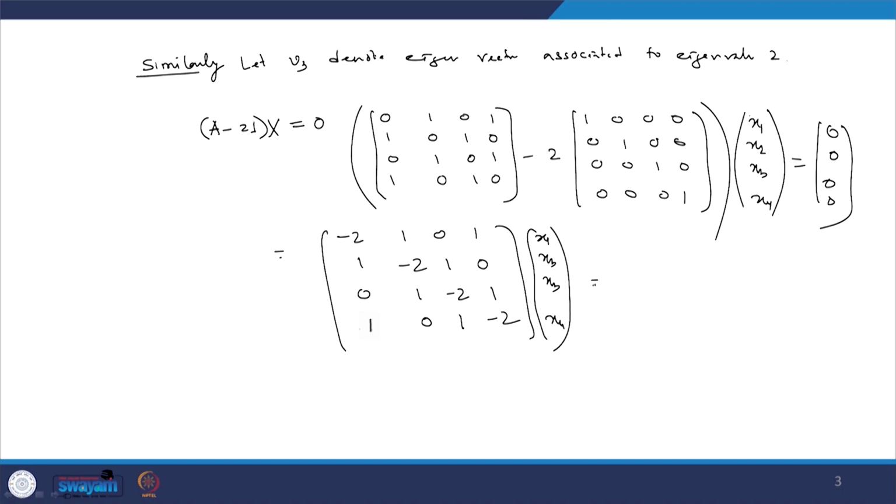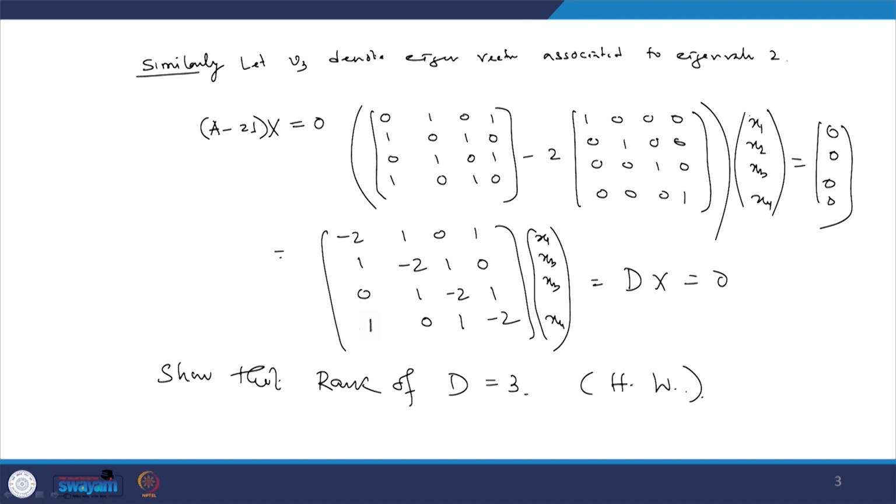Let me consider this as DX equal to 0, so that the rank of D equal to 3. This is a homework, please consider this one. So I will have only one free variable, and one can have only one linearly independent eigenvector.